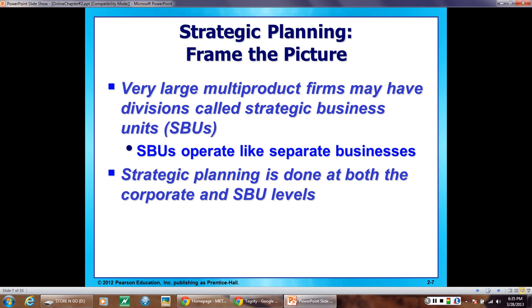So each of those colleges would be one of our SBUs. Now, it's a little more difficult to look at colleges that way, but certainly for a multi-product organization, that's what they do. So strategic planning, then, you can do at that corporate level or at that SBU level.